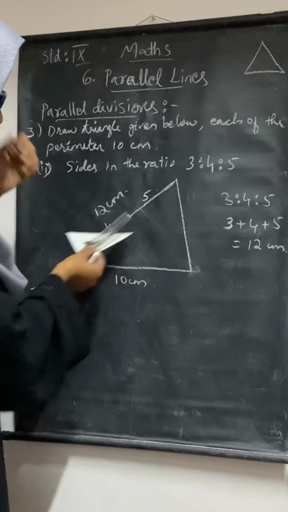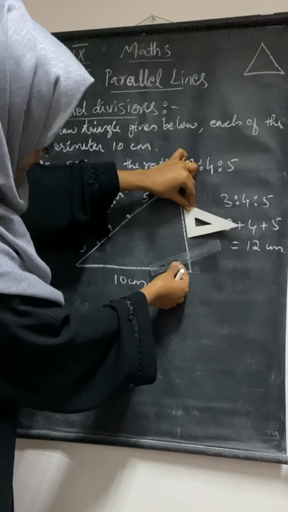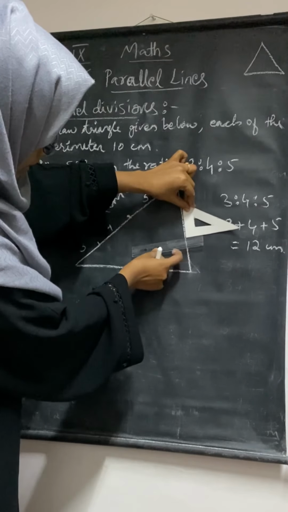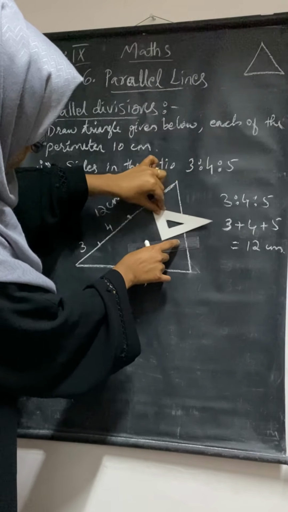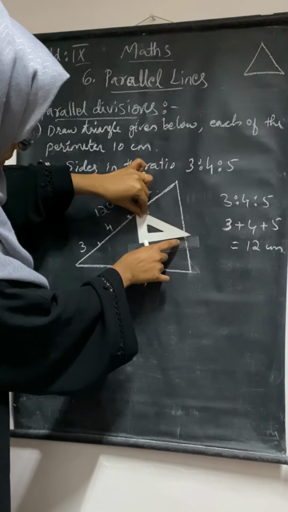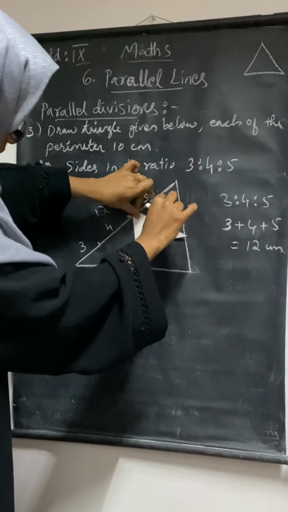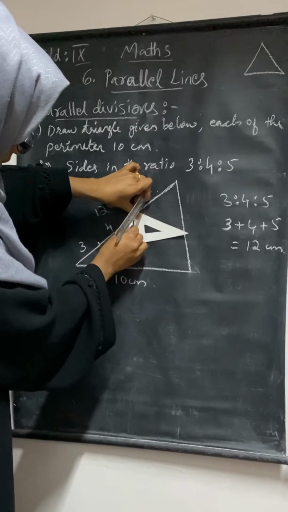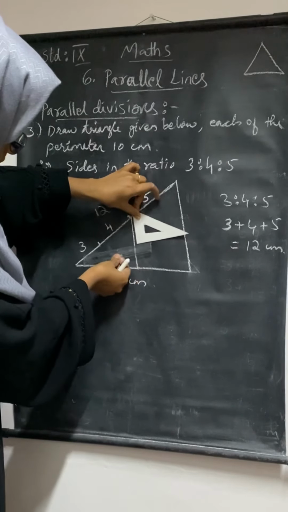Now we have to draw the parallel lines. So keep this set square like this, bring it down, and you have to draw the line like this, and again keep this one.